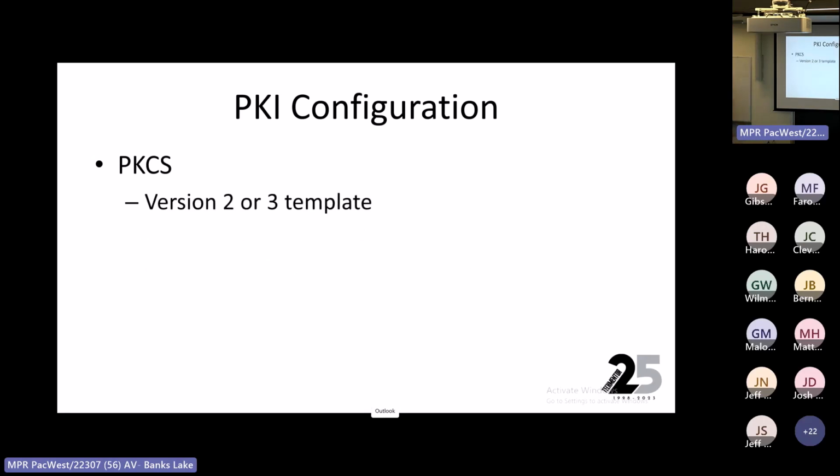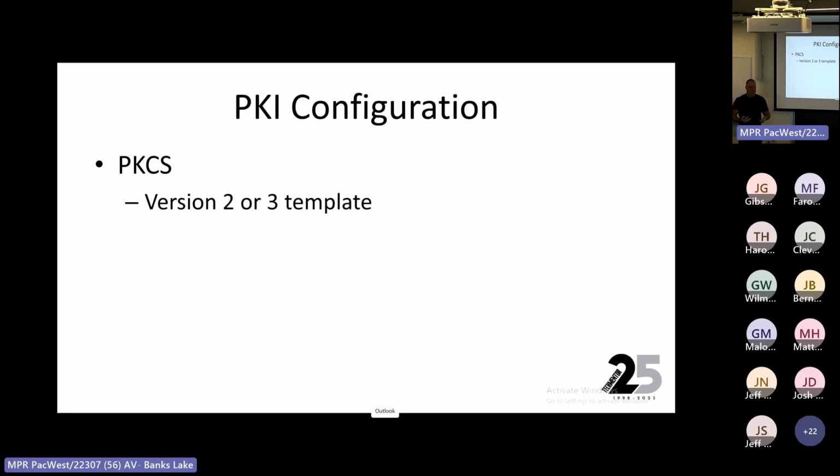So with PKCS, if you're not familiar with certification authorities and Active Directory Certificate Services, templates have different versions. There's version 1, 2, 3, and 4, and the higher the version, the more capabilities that certificate template has. But older operating systems don't recognize those new capabilities, and so you have to tailor those to your target audience.